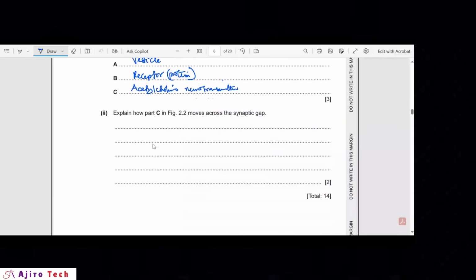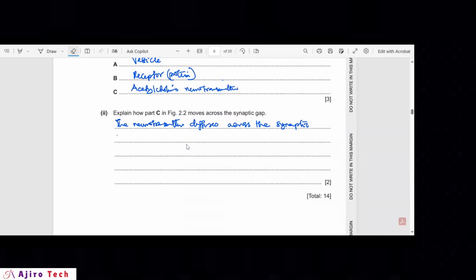So C, the neurotransmitter, diffuses across the synaptic gap down its concentration gradient. Diffusion is always down a concentration gradient. So the neurotransmitter diffuses across the synaptic gap down its concentration gradient.